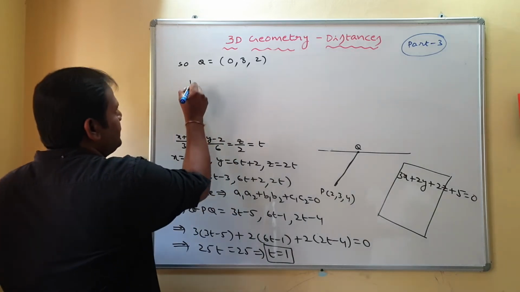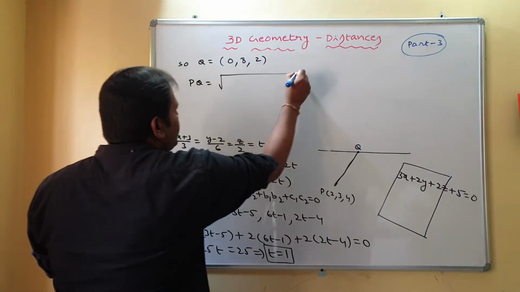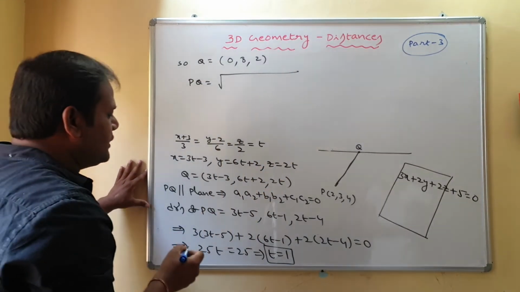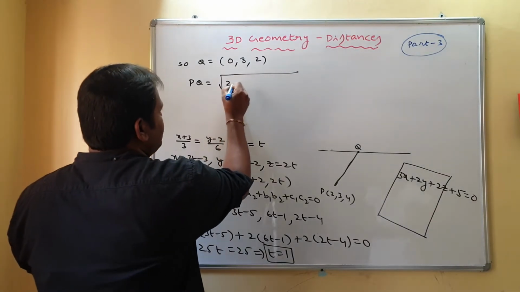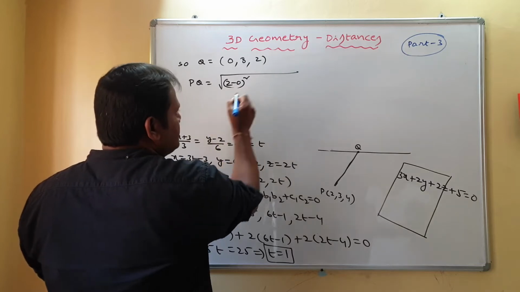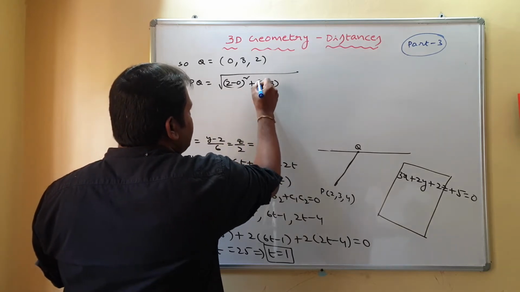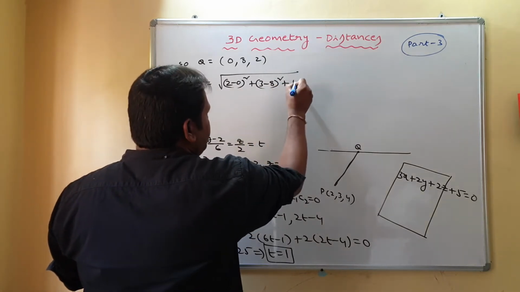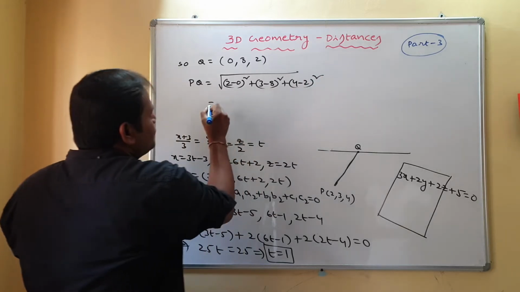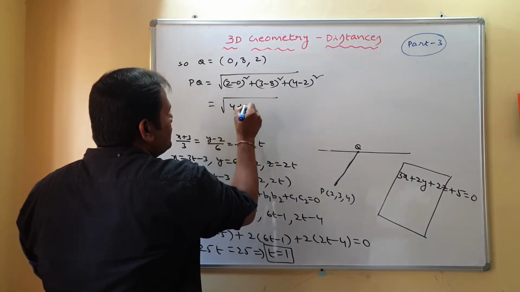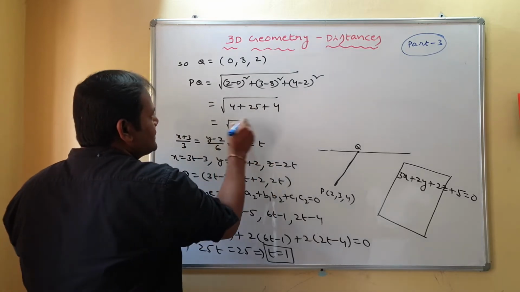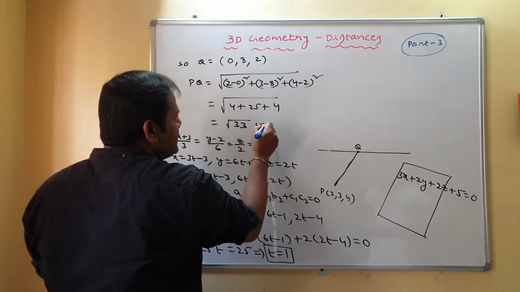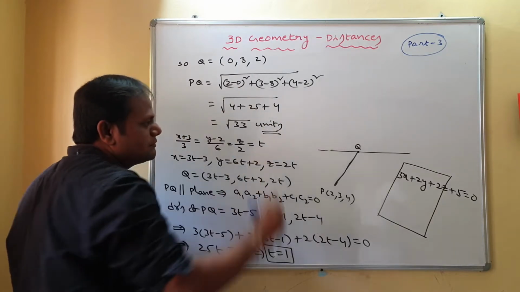So by distance formula, PQ equal to root over (x2 minus x1) whole square plus (y2 minus y1) whole square plus (z2 minus z1) whole square. So it is (2 minus 0) whole square plus (3 minus 8) whole square plus (4 minus 2) whole square. So this is root of 4 plus 25 plus 4. So the answer is root 33 units.